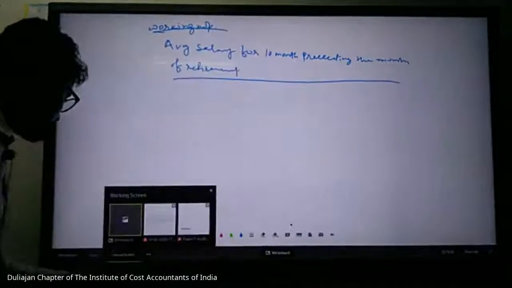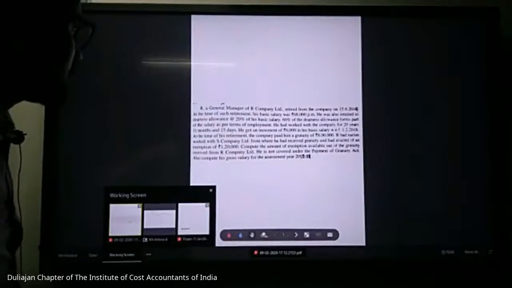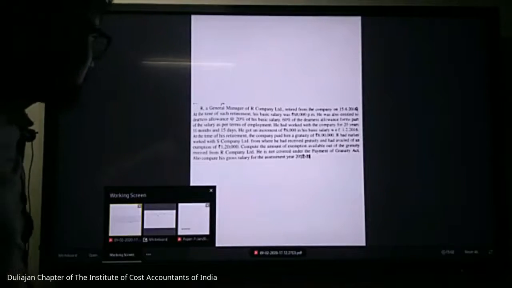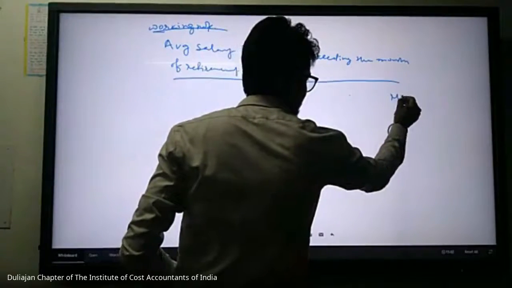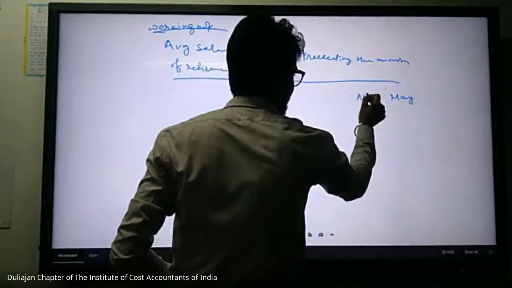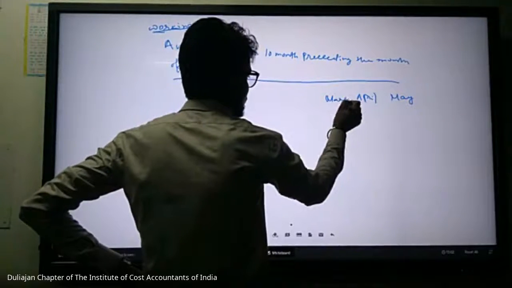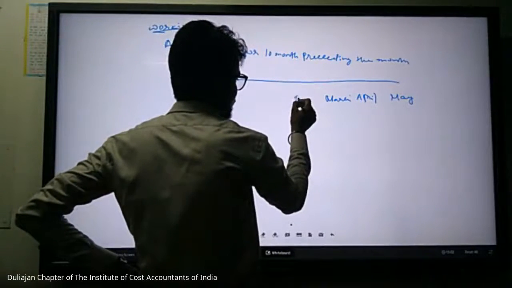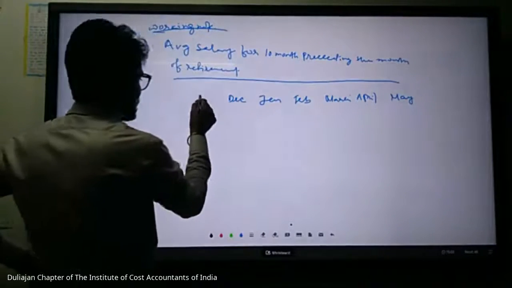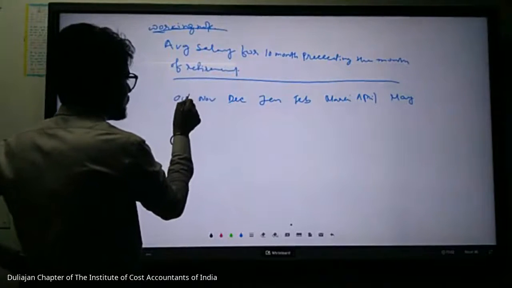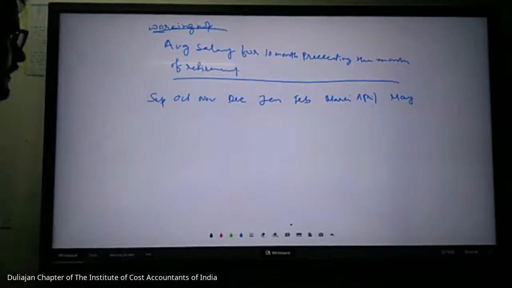So in which month did he retire? He retired in June, so we'll calculate from May, April, March, February, January, December, November, October, and September. That makes 10 months, right?